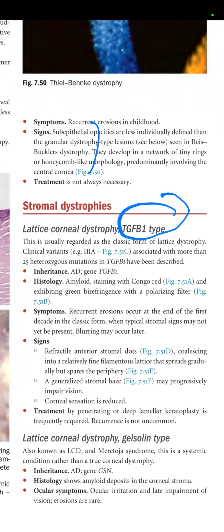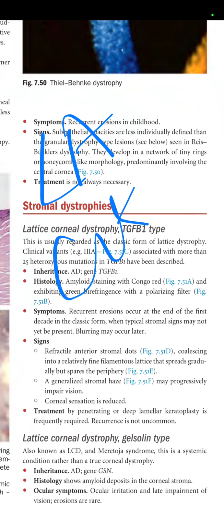amyloid staining with Congo red, and exhibiting green birefringence with a polarizing filter. So one thing you have to remember with lattice dystrophy is one mnemonic, that is LACity. What is that? L is for lattice.